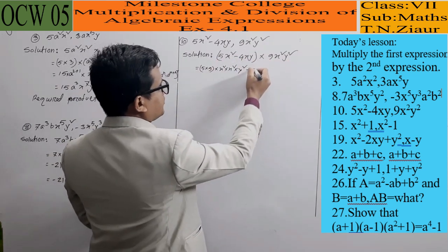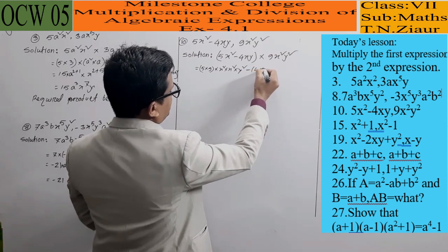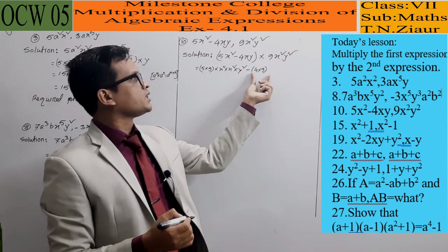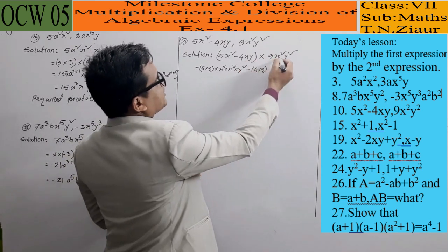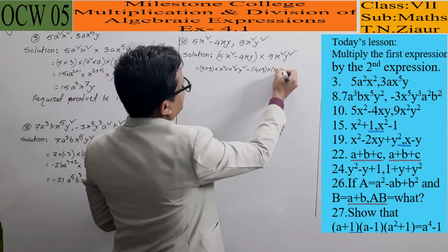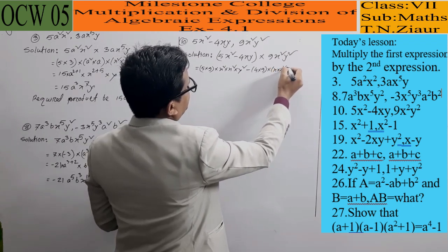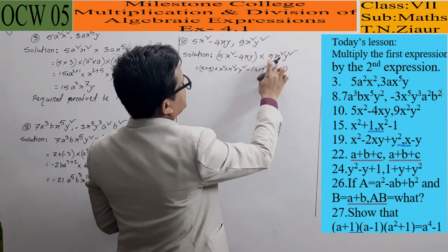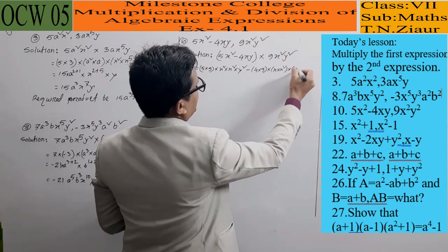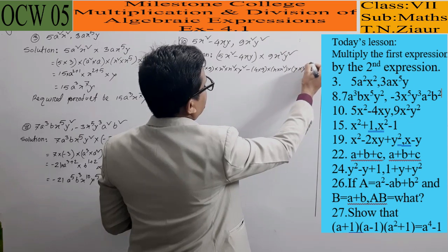Again 4 and 9 we have to multiply. 4 into 9, this one is the numerical symbol. Then x into x square, where this one is x, this one is x square. Again y into y square, so you can write y into y square.